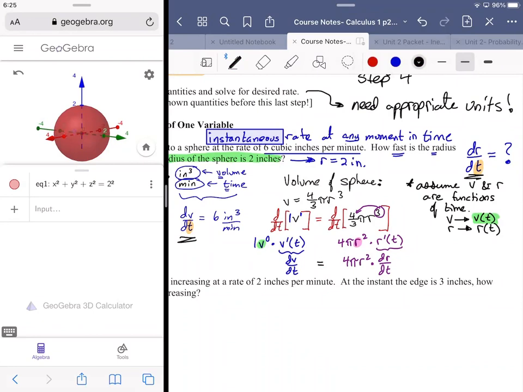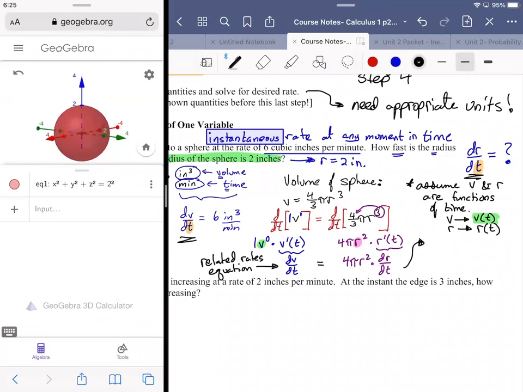But this is what we call a related rates equation, because it's a relation of derivatives. Those derivatives are instantaneous rates. So we are relating rates to one another. All right. So at this point, all the hard work is over. It's just a matter of plugging and chugging away.